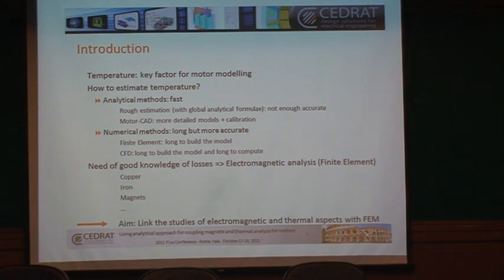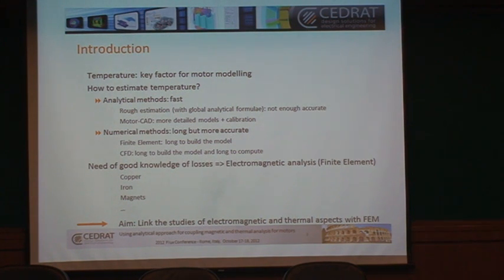But no matter what we do, to have a very accurate result, you need a good knowledge of the losses, and those losses are better estimated with finite element computation. You have the copper losses, eddy current losses, iron losses, and losses of the magnet. By the way, when a machine heats up, its magnetic and electrical characteristics change.